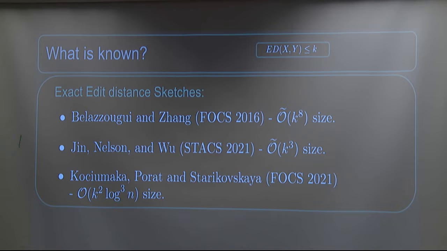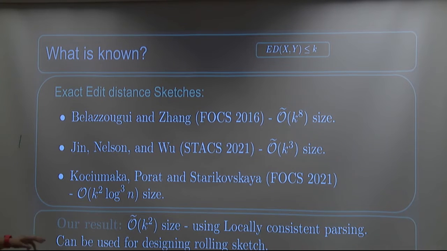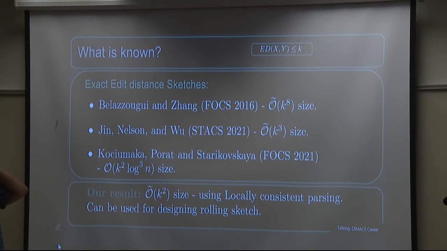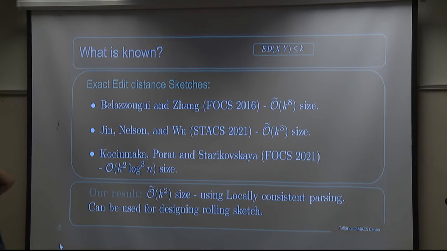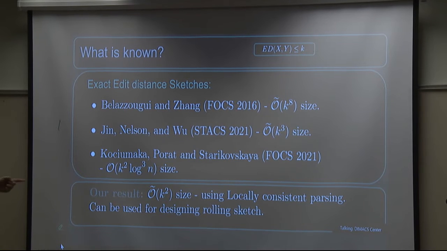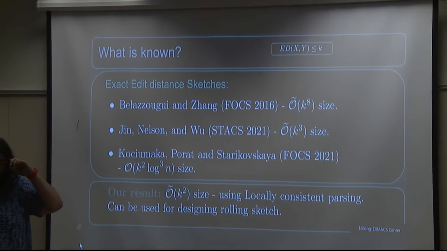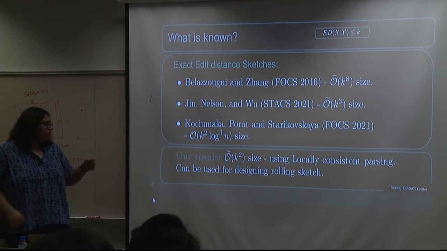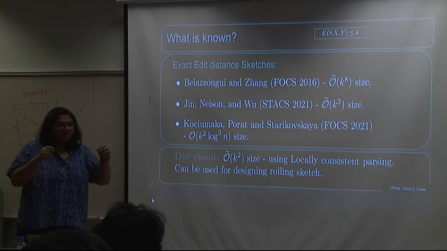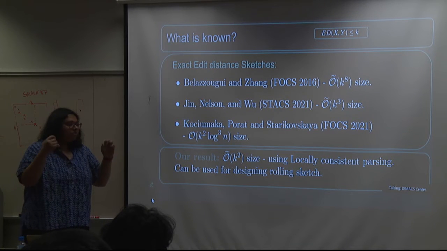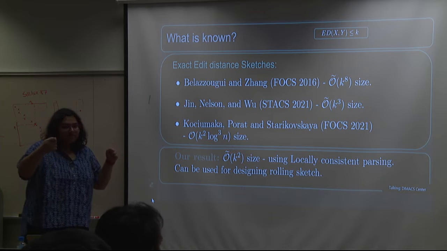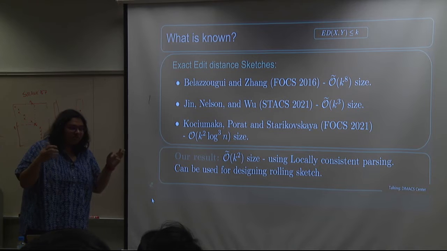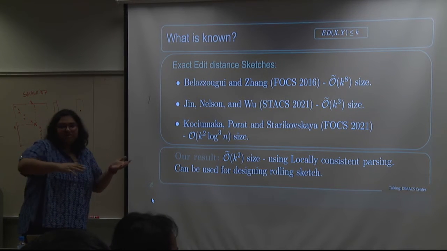Last year, what we did is still O tilde k squared size, but our sketch uses a different technique, which is the locally consistent parsing technique. The advantage of this is that we can use it for designing rolling sketches. By rolling sketches, I mean you have the sketch for a string, you add some symbol at the end of the string, and you do not need to construct the sketch from scratch.